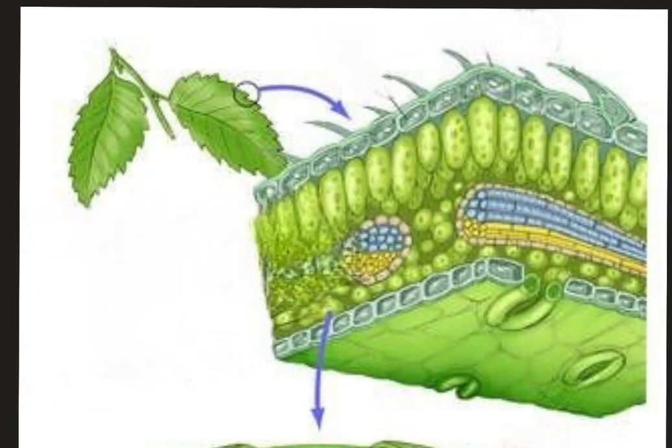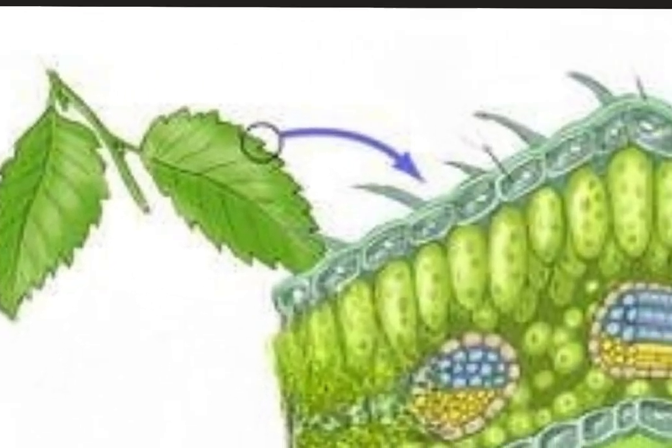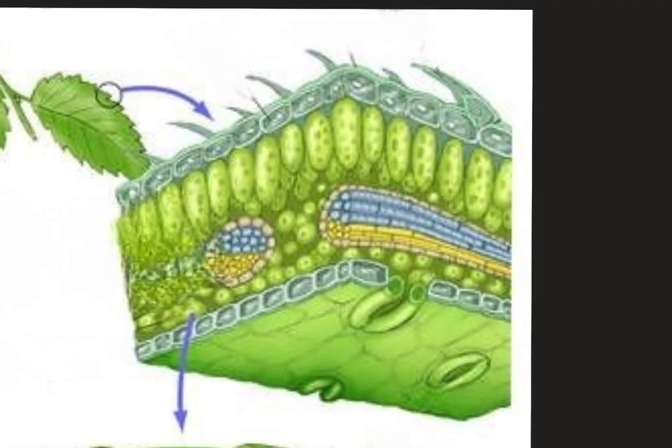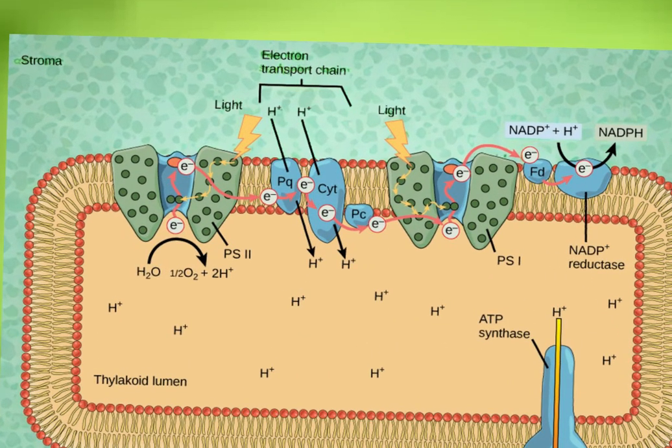Now, just to put this in perspective, when you're looking at that leaf, what you're looking at is a tissue. Within those tissues, you have individual cells that have these chloroplasts. And these chloroplasts allow it to collect sunlight energy by the chlorophyll that's located in these thylakoids.